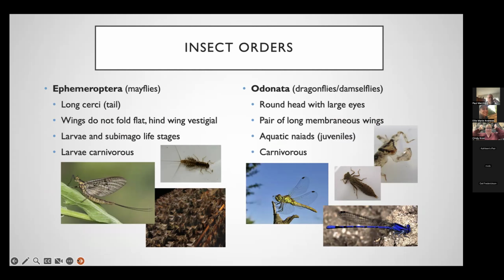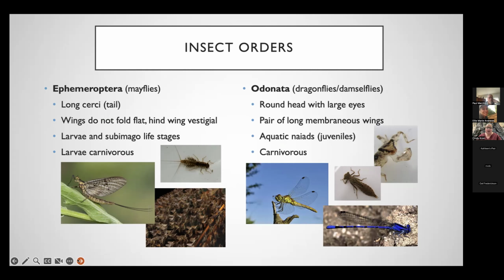They're up, like a mohawk on their back. Their larvae are aquatic, and they are also carnivorous. They are predators in the water that feed on things like mosquito larvae. So these can be beneficial in streams, ponds, and rivers.